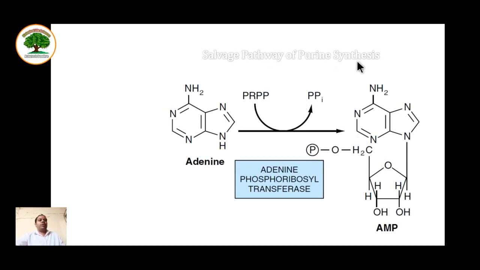In the salvage pathway of purine synthesis, you can see here adenine, which is obtained as an intermediate from different processes, is attached to PRPP. The pyrophosphate group from this PRPP is removed, and this is attached to the ribose phosphate moiety. The enzyme used here is adenine phosphoribosyl transferase, and AMP is formed again.